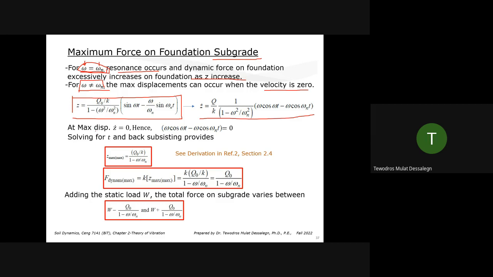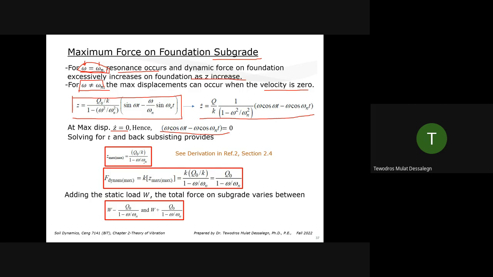Now, at max displacement, we know that velocity is 0. It's like a pendulum. When the pendulum swings, at the peak displacement value, velocity is 0. So this term will be 0. Solving for t and back substituting, you'll find z max.